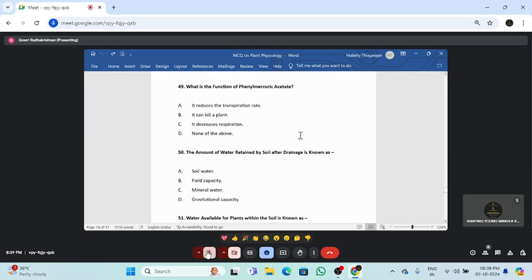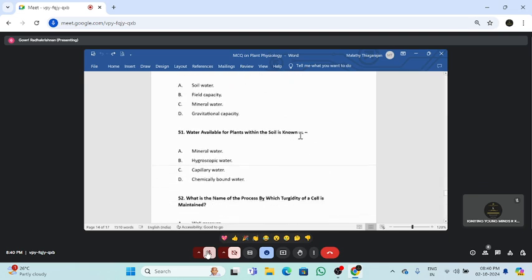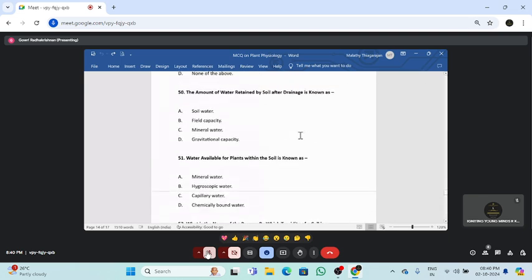Which is a function of phenyl mercuric acetate? Option A, ma'am. Yes, reduces transpiration rate, correct. The amount of water retained by soil after drainage is known as field capacity. Option B.